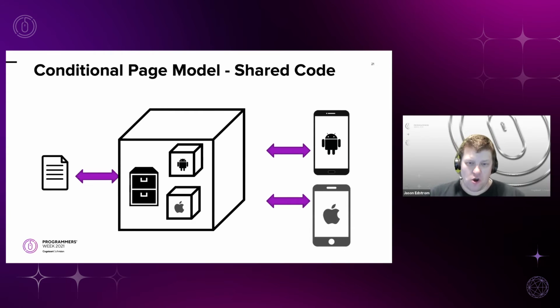And then for the shared code piece, we're still doing page object models for the Android and iOS piece, but they're all merged together in the exact same page object model, which is that larger box.